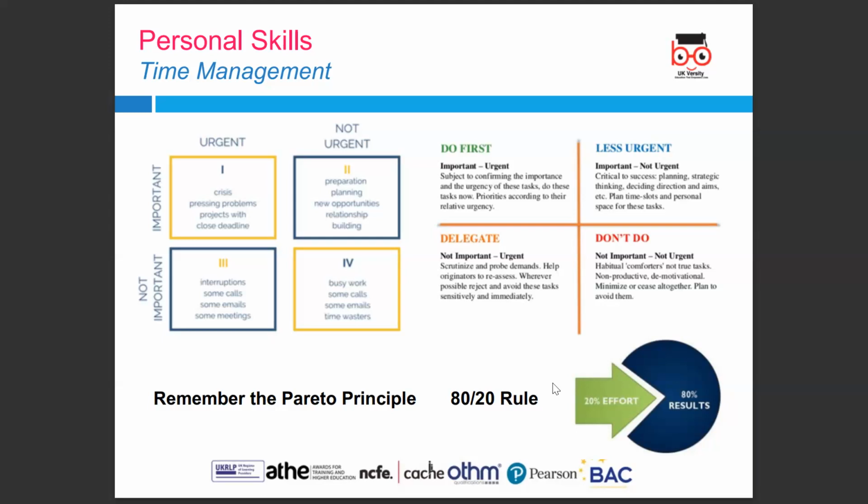And number four, busy work, some calls, some emails, time wasters. Time management is perhaps the most important and challenging skill to develop as a student in an environment where nobody will tell you precisely what you should be doing and when. The art of planning, managing and meeting personal deadlines, both social and academic, must be mastered sooner rather than later.